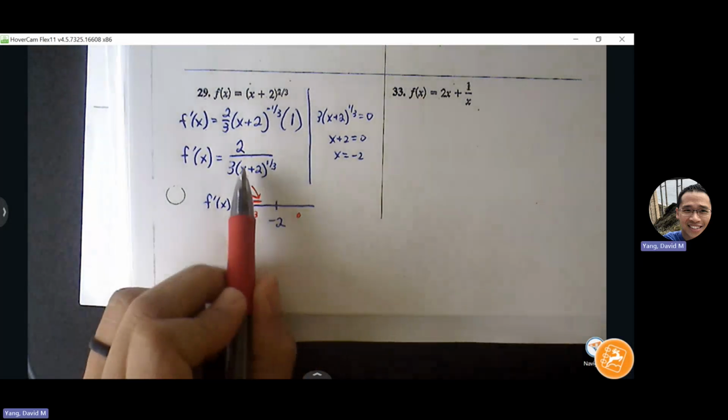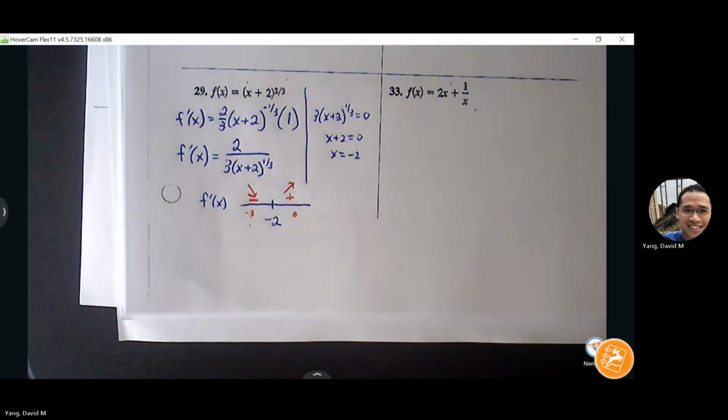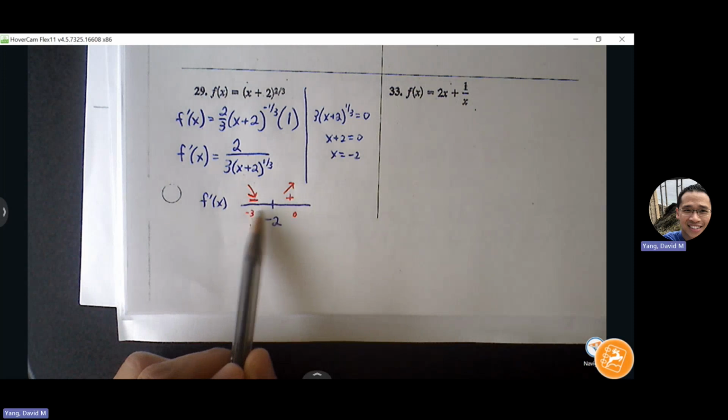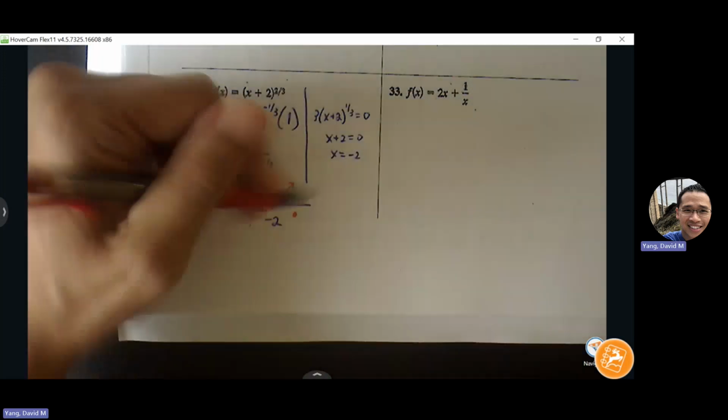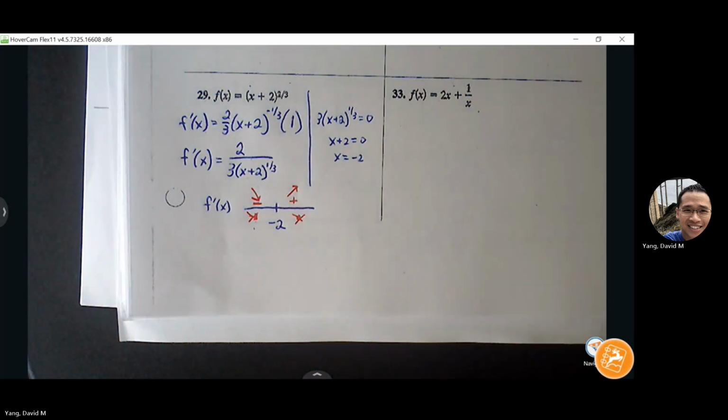Plug 0 in, I'm going to get a positive or a positive, so interval of decrease, interval of increase, but do not include your test numbers. And then there's a relative minimum as well.